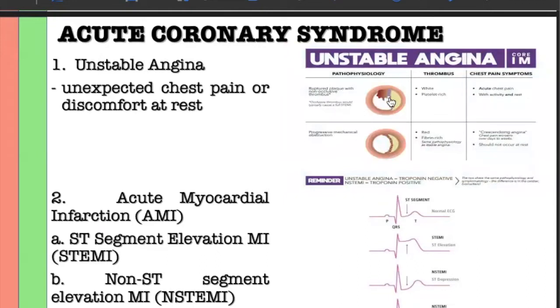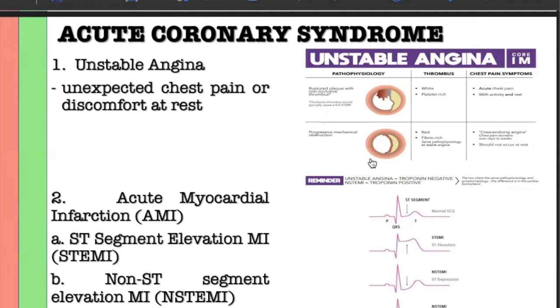It means that a plaque that already developed in our body is being ruptured, and that's the time that we experience chest pain. The chest pain is experienced even if we are doing some activities or even if we are at rest. That is why it is called unstable angina.